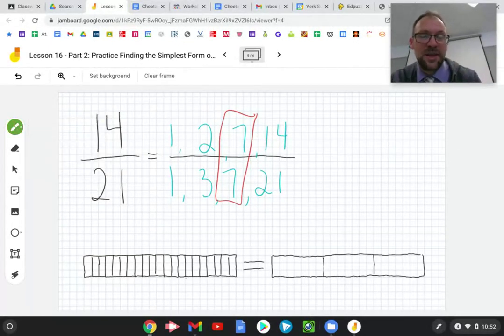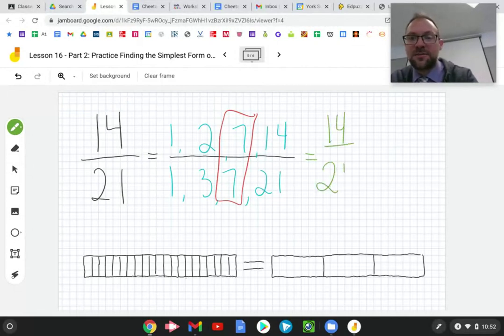So let's do that. Step 2, divide the numerator and denominator by the greatest common factor. I'm going to pause right here and have you do that. What is the final answer? The simplest form of 14/21. Go ahead and divide both parts by 7 and find out.